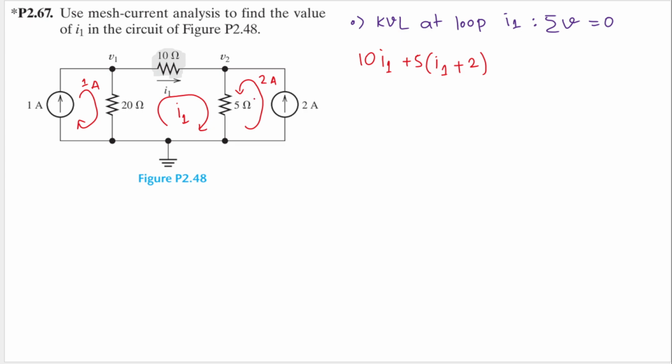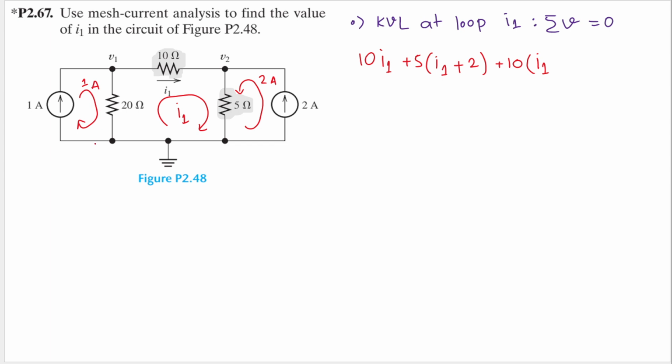And then let's move on to the 20 ohm resistor. Let's highlight this. Now let's do 10. Oh, that is not 10 but 20. So this is 20 ohm. Again, because we are working on I1, everything is from the perspective of I1. So I will have I1 here, but this 1 ampere current is flowing in the opposite direction, because I1 is going up while this 1 ampere current is going down.